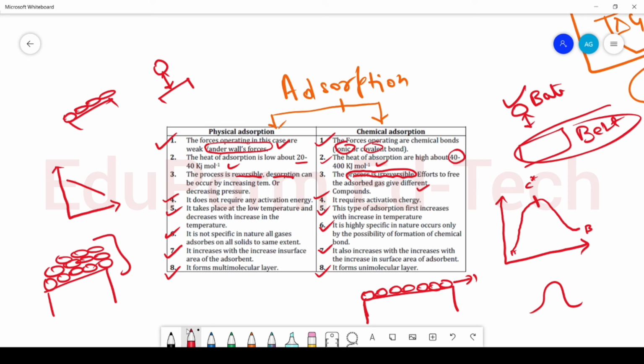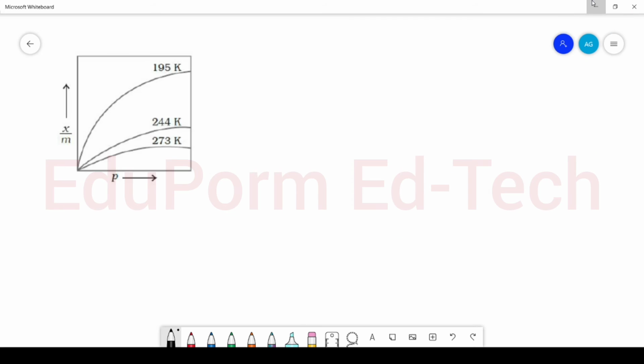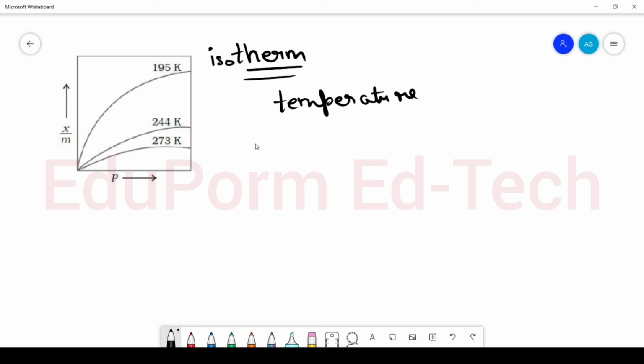So this is all about types of adsorption. Now, Freundlich adsorption isotherm. As the name suggests, we are talking about isotherm, and we know that isotherm means that temperature will be constant during the process. According to Freundlich adsorption isotherm, the extent of adsorption is directly proportional to the pressure when temperature is constant.